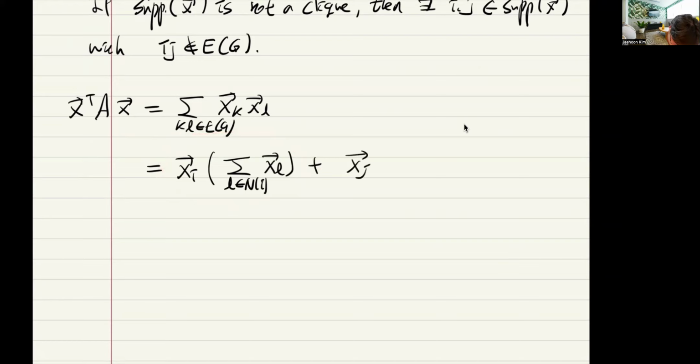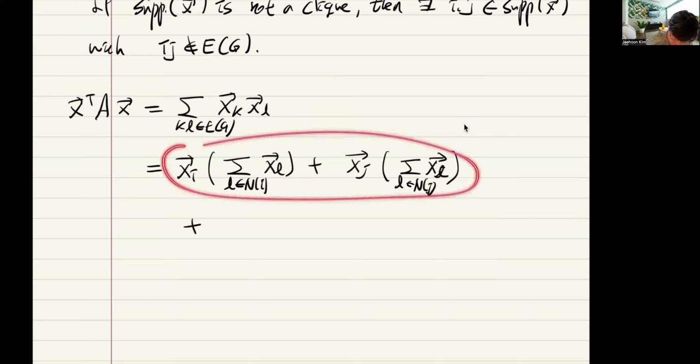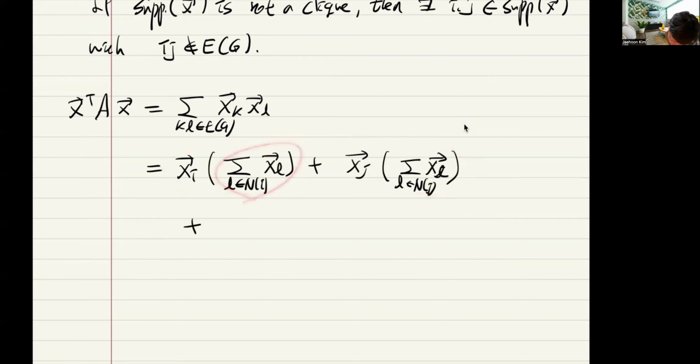And for all neighbors of j, you have this term. Because ij are not adjacent, j doesn't appear here, i doesn't appear here. And the remaining ones, if kl is an edge of G but ij is not there, are in G minus i and j.